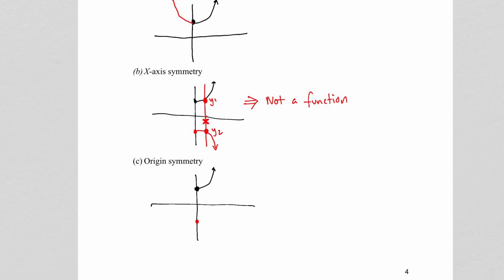So I'm going to reflect it over the x-axis. I'm going to draw it as a dotted line because it's not part of my final answer. So that's over the x-axis, and now I'm going to reflect it over the y-axis, and it looks like that. So now we have two different parts of the graph, one in quadrant 1, one in quadrant 3, and they're going in opposite directions.